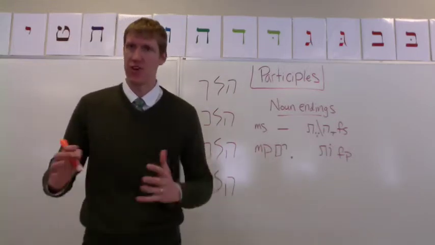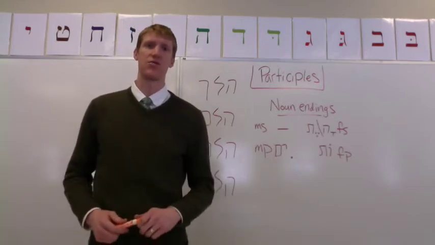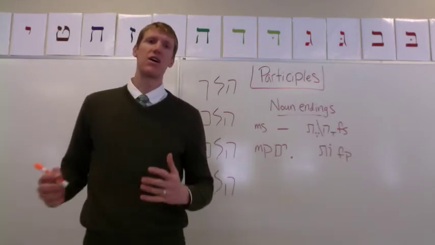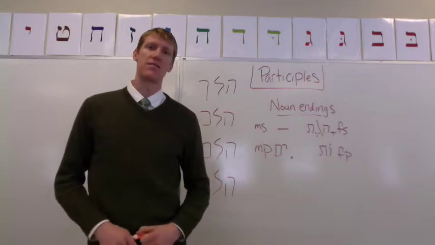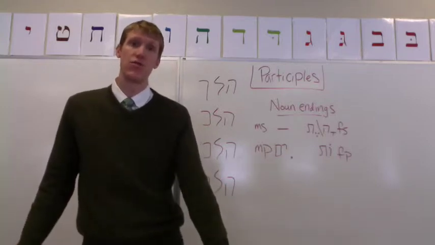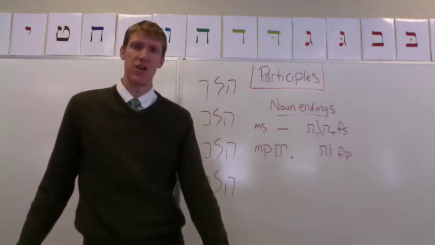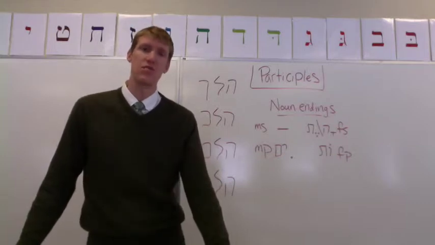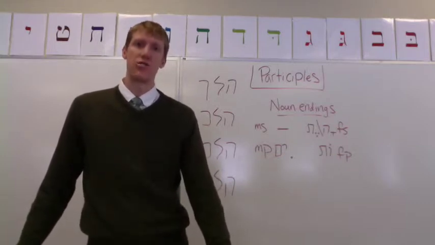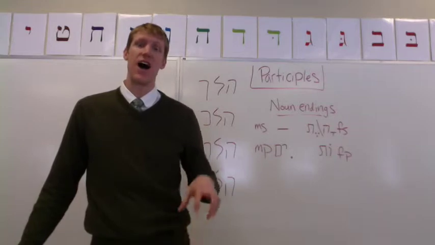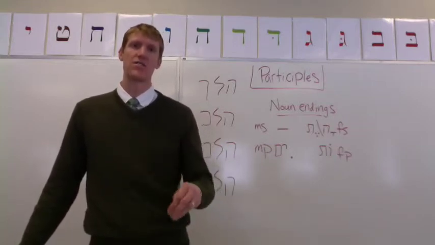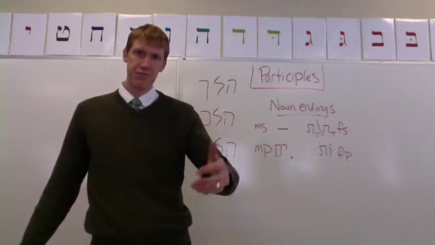Now it's different than the English present tense, of course, but it probably comes as close as anything in Hebrew to what we would call the present tense. So participles often are used to describe activity that's ongoing right now in this moment of speaking.